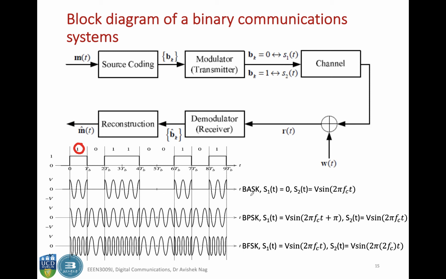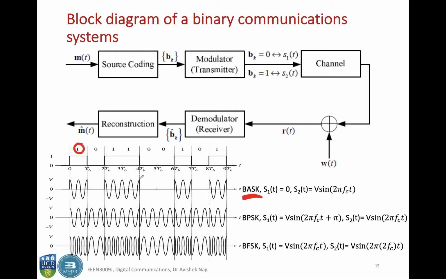So let's say in case of a binary amplitude shift keying, or basically this is the digital equivalent of amplitude modulation. You have come across amplitude modulation in your communication theory class. So in digital communication we call it amplitude shift keying. In case of amplitude shift keying, whenever we have a high amplitude we have a signal, and whenever we have zero we don't have a signal.